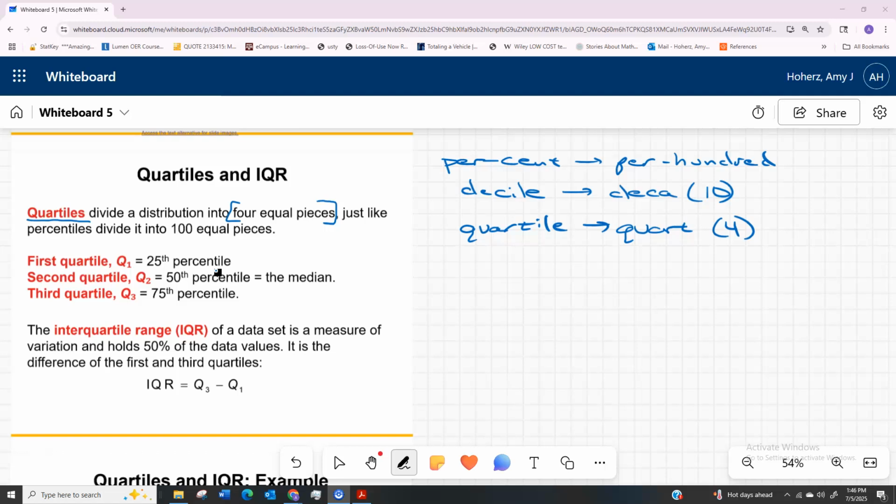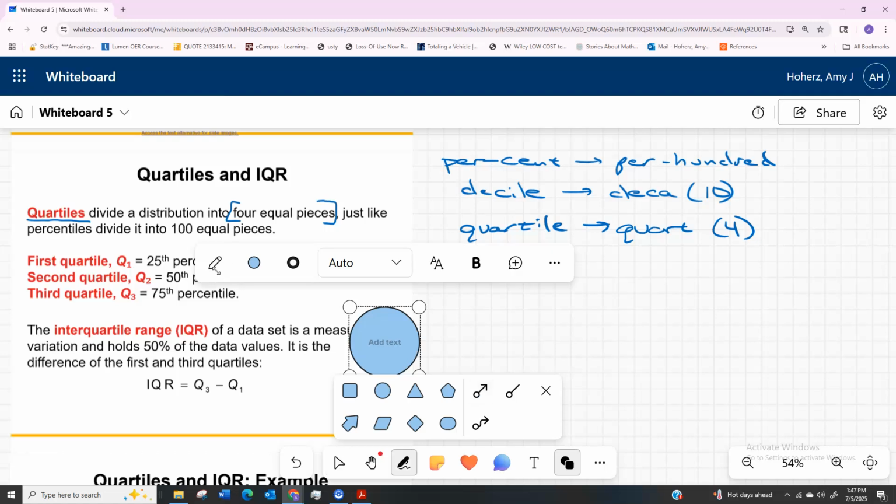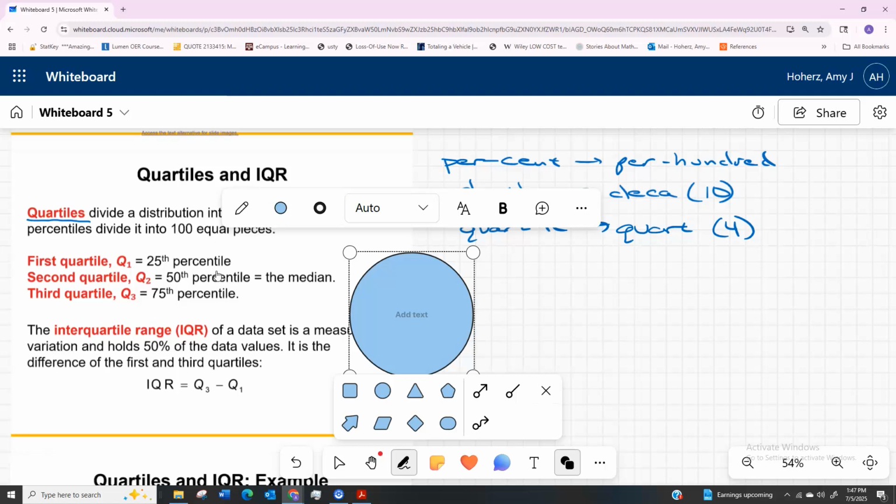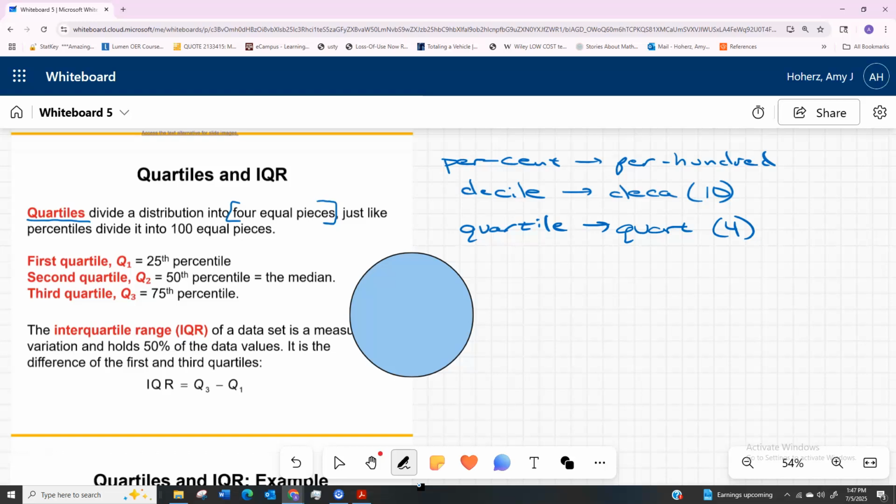Just to give a silly example, but I think it's helpful: if you had a circle, if you had a pizza, let's say, and you wanted to cut that pizza in half, that would be comparable to the median.